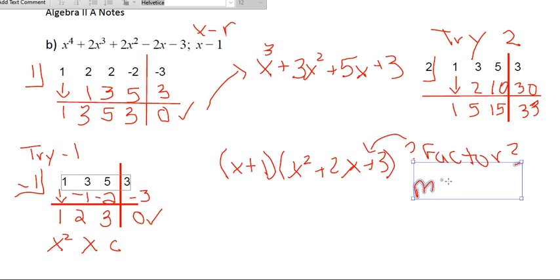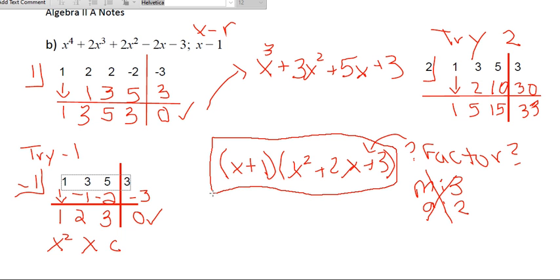Multiply together to get 3, and add to get 2. So we can only have either positive 1 and 3 or negative 1 and 3. So that cannot happen. So that means that these are our remaining factors. Okay?